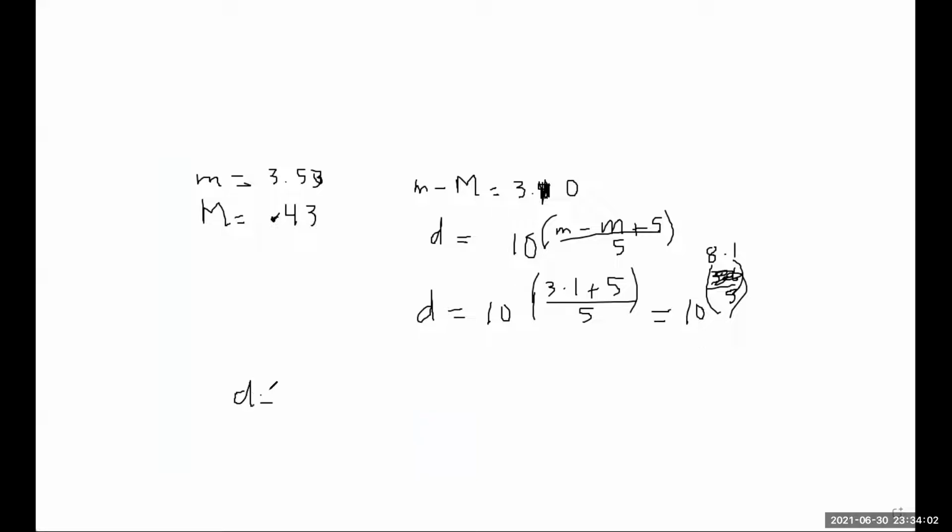It would be 10 to the power, the apparent would be 0.5. That's our little m. Minus the absolute, which would be negative 5.85, plus 5, over 5.